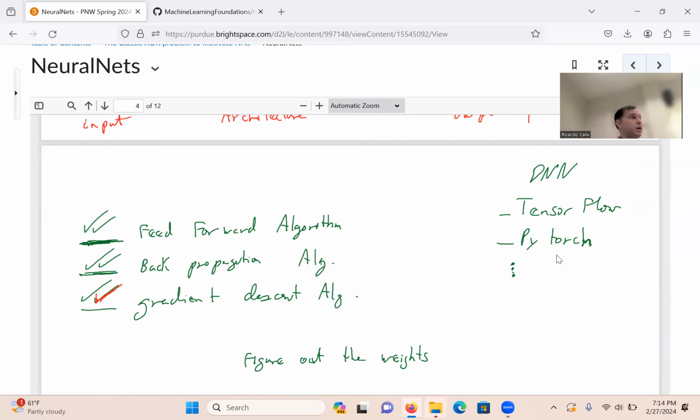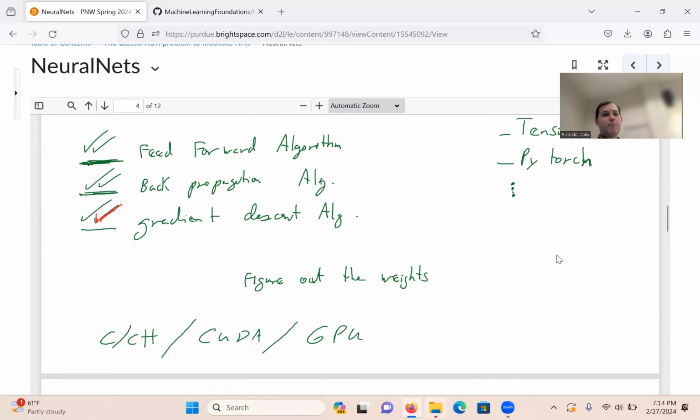The algorithms are the feed-forward algorithm, the backpropagation algorithm, and gradient descent. I will give you some papers to read, mostly the classical ones, just to be informed. I'll finish with history today. But basically, figuring out the weights is the essence.